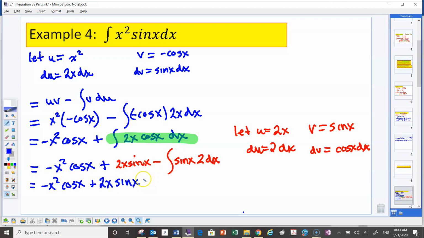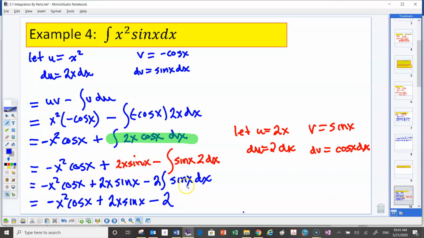I'll bring the 2 out front. So this is going to be minus 2 the integral of sine x dx. So this ends up being negative x squared cos x plus 2x sine x minus 2. And the integral of sine x is negative cos x, so that's going to become a positive 2 cos x plus a constant, and that would be your final answer.